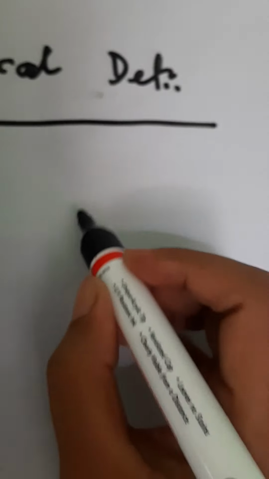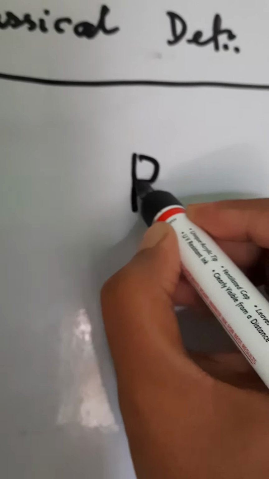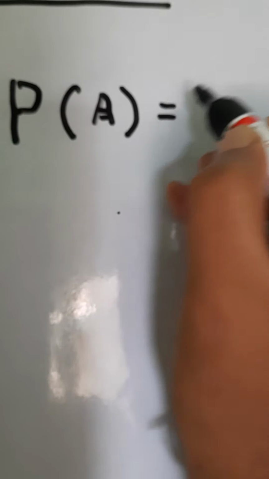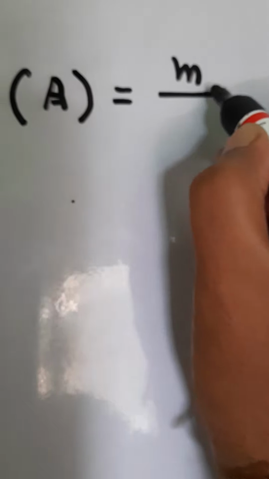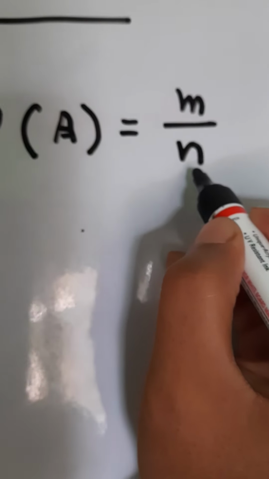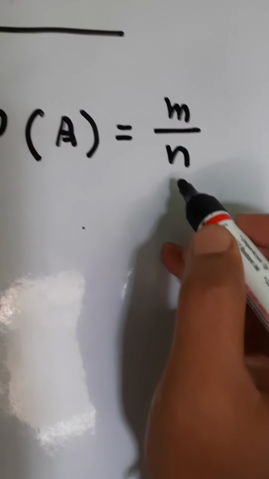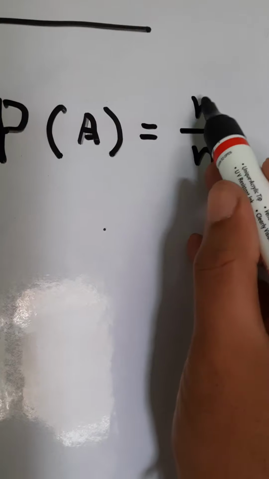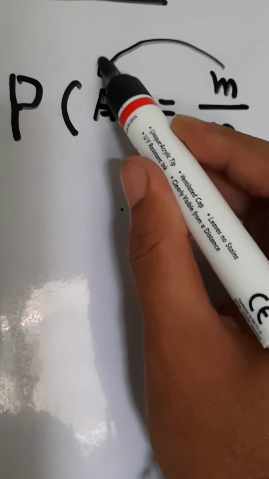The probability of any event A, P(A), is equal to m by n, where n is the total number of mutually exclusive, exhaustive and equally likely cases, out of which m are favorable to the event A.